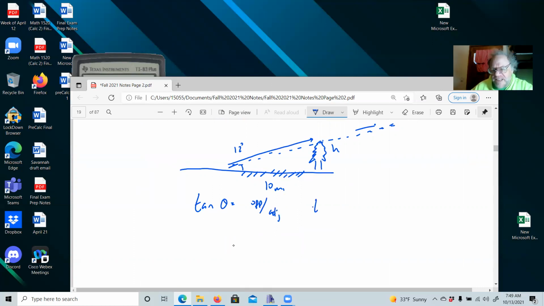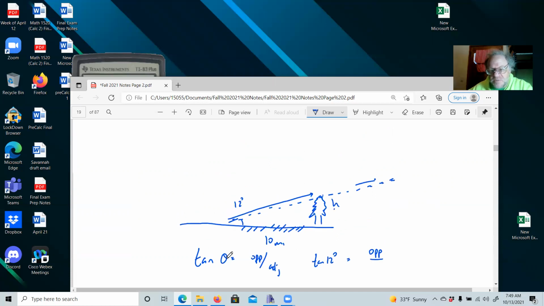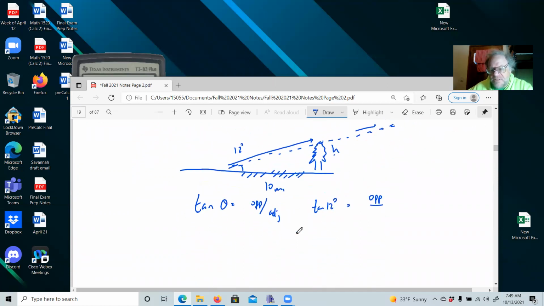So the tangent of 12 degrees is equal to the opposite, that's my height, over the adjacent side. The adjacent side was 10 meters. So we have 10 times the tangent of 12 degrees is equal to the opposite side. Make sure it's in the right units. The biggest mistake people made with this, well, not the biggest mistake. It wasn't this class. It wasn't the current class.